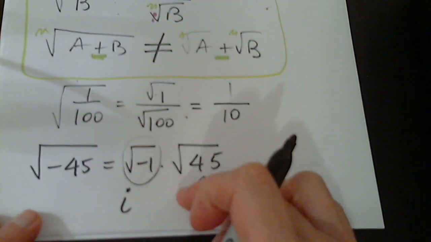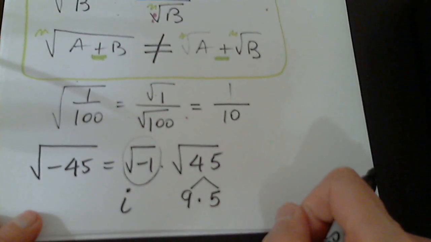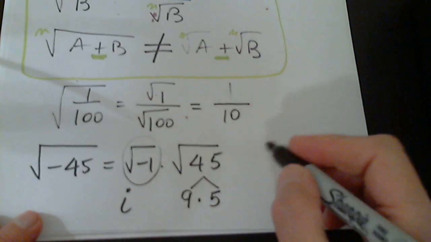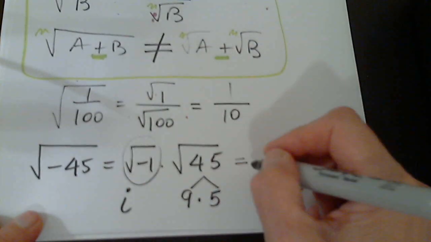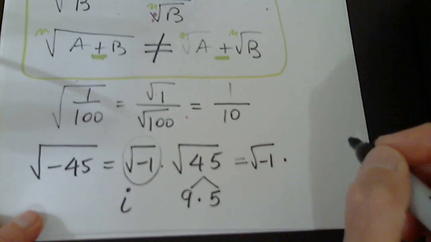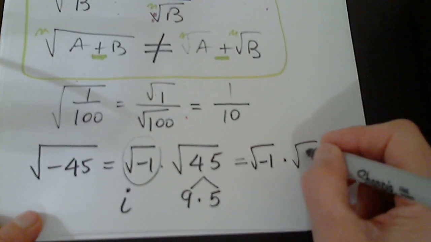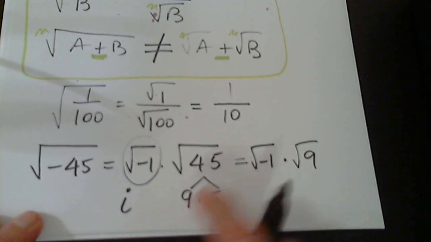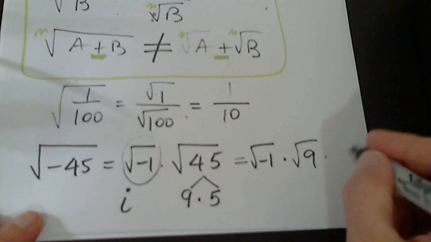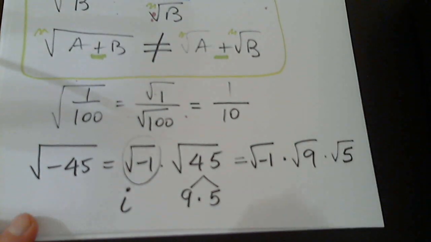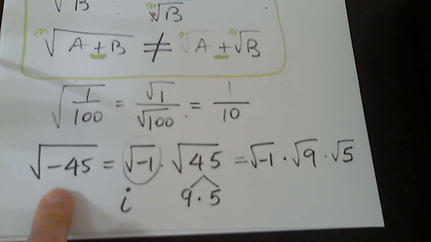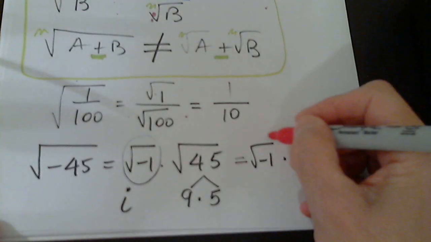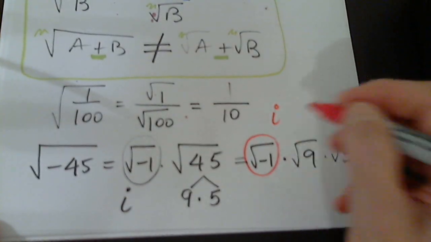And the product I need is 9 times 5. Why? Because 9 is a perfect square and 5 is not. So I want to write it one more time as this: the square root of -1, the square root of 9 times the square root of 5. This times this times this is the square root of -45. But now I know that this changes to i.